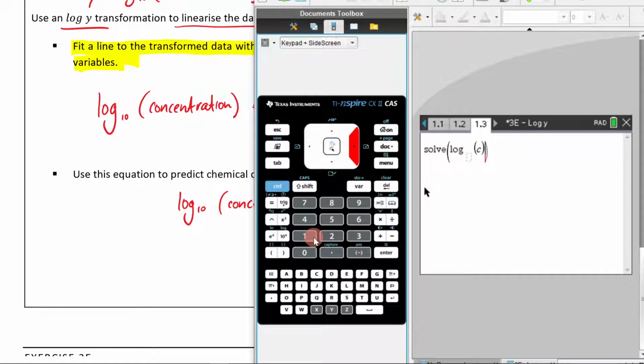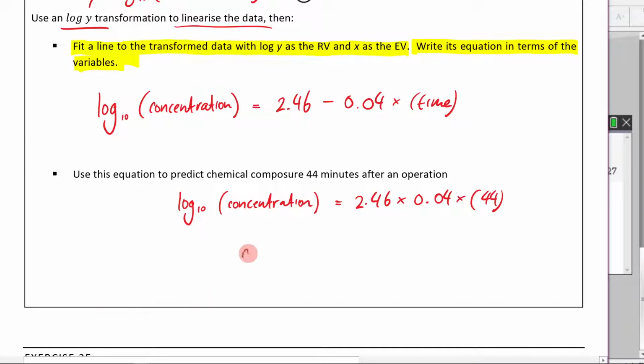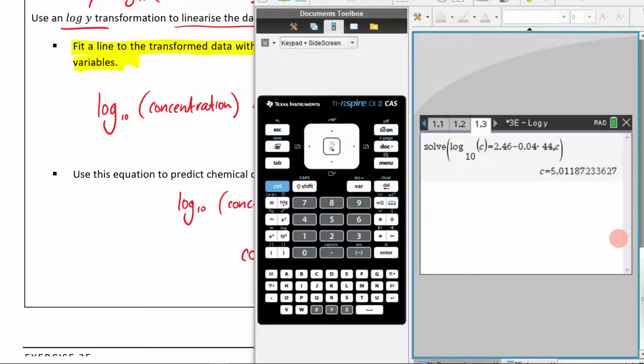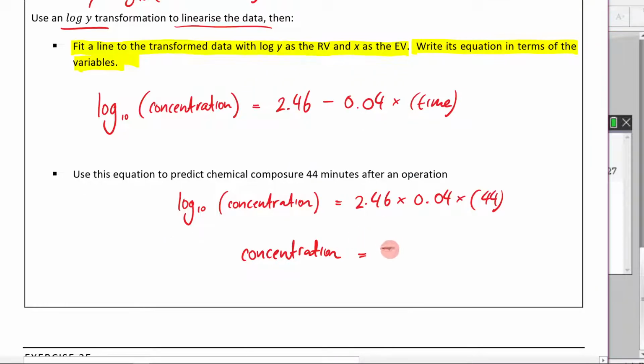Then I'm going to go is equal to 2.46 minus 0.04 times 44 because that's what I'm subbing in. I want to solve it for C. I close that off, I hit enter and I'm going to get that as my concentration. So my concentration is going to be equal to 4.01. Sorry, 5.01. 5.01. That's it.